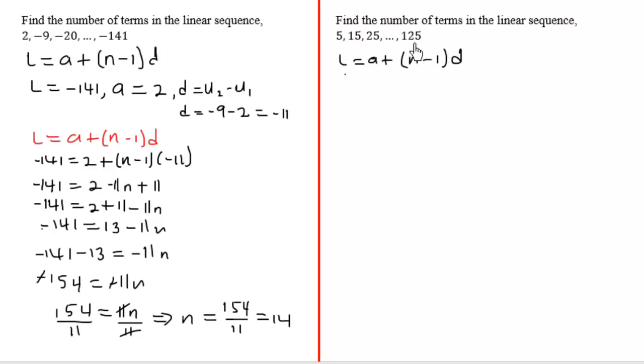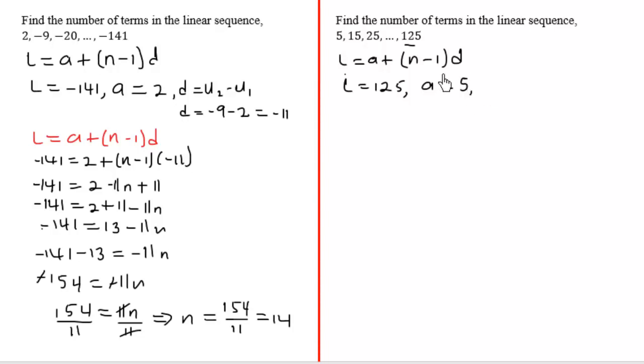The last term is the same as the nth term, so don't forget about that. So the last term L is 125. That's the last term. The first term A in the sequence is 5.